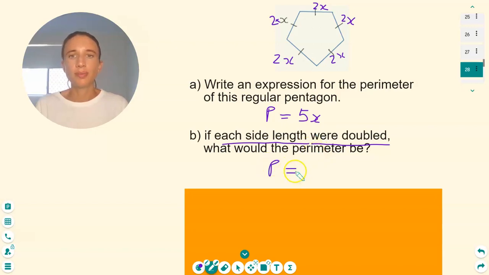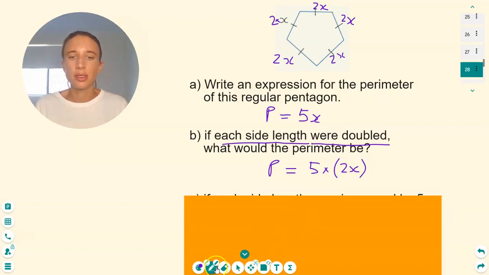Well, the perimeter, there's 5 sides, and their side length is 2x. So let's do it. 5, so we multiply these little normal numbers. 5 times 2 is 10. X times 1 is just x. So that's an expression for our perimeter of this shape in simplest form.